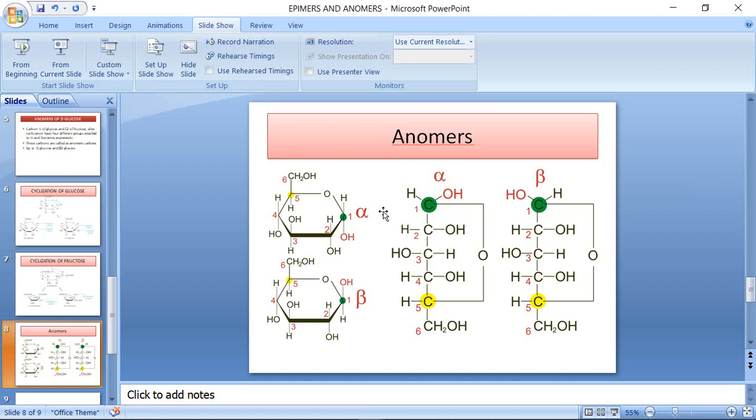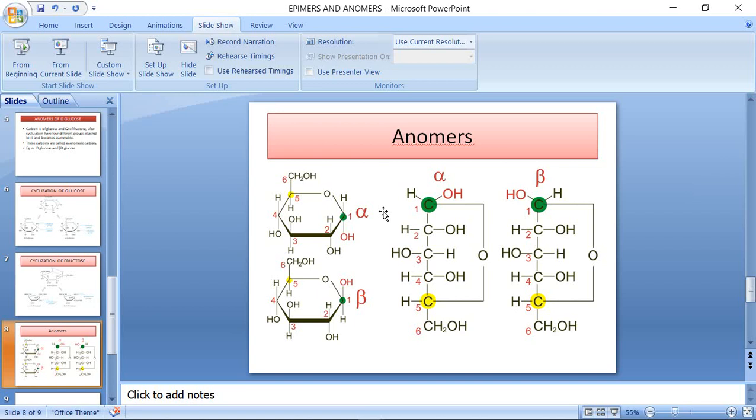In the picture itself, you can check the position of H and OH. Where is the H and where is the OH? In the left hand side I have given the pyranose ring structure, and in the right hand side I have given the straight chain structure. So when you consider that H and OH position only in the first carbon, that is the aldehyde group, it's oriented towards the right side.